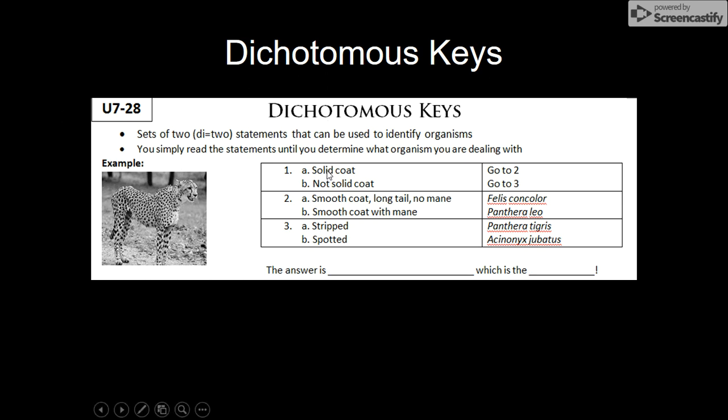Either A, it has a solid coat, or B, it does not have a solid coat. In this case, it does not have a solid coat, so I can go to number 3. Once I get to number 3, A is striped or B is spotted. In this case, it is spotted, so it gives me the scientific name. Again, I will not ask you to pronounce it. Just remember that genus comes first and species comes second, and like a sentence, the first letter is capitalized.